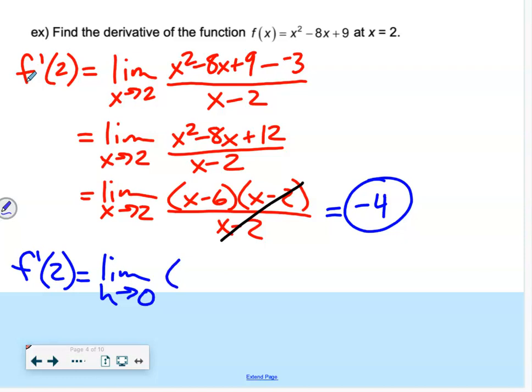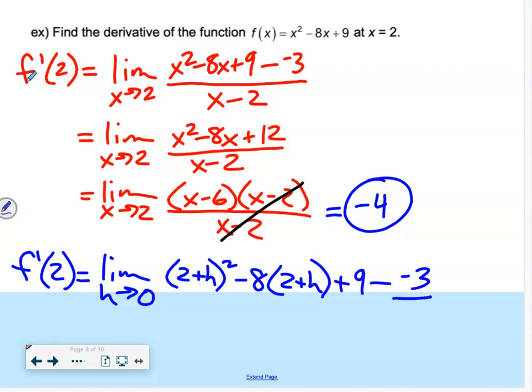So you get 2 plus h squared. You're replacing your x's with a 2 plus h. So 2 plus h squared minus 8 times 2 plus h plus 9 minus f of 2, which we've already established is -3, all over h.